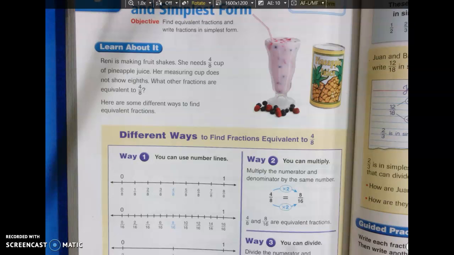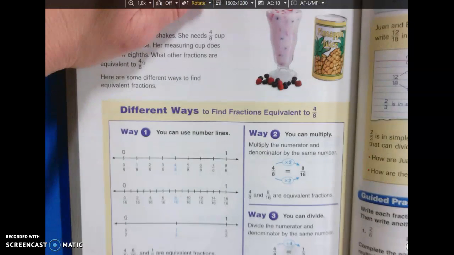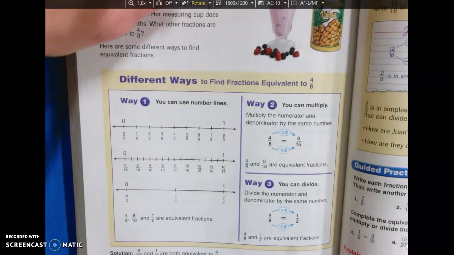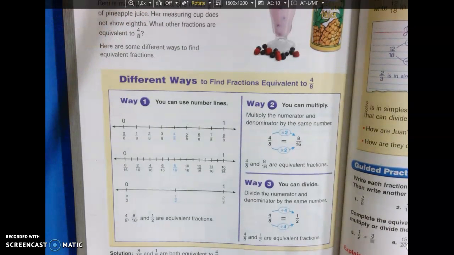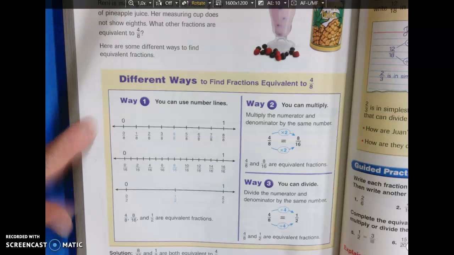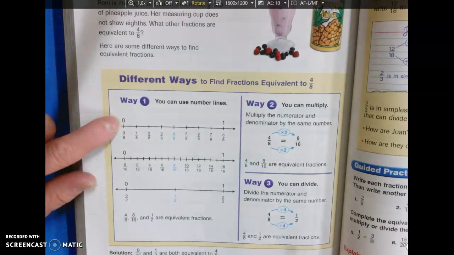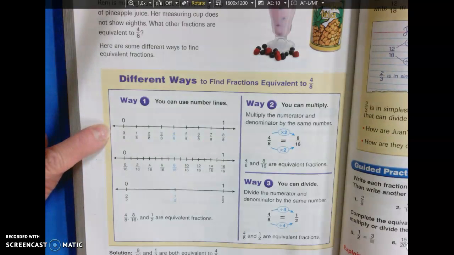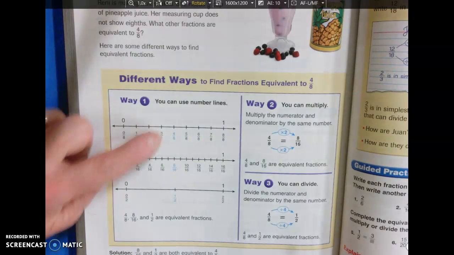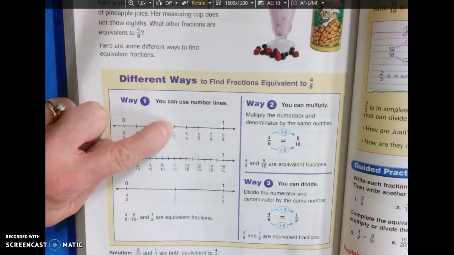So one way they suggest is using number lines. I'll tell you the truth, it's not my favorite way because I don't always see all the pieces in my mind of a number line, and I know my multiplication and division facts better. But in way number 1, I could imagine a number line from 0 to 1, breaking it in this case into 8 equal parts, knowing that 4 is somewhat in the middle, right?